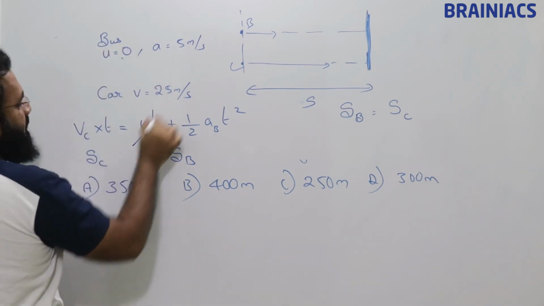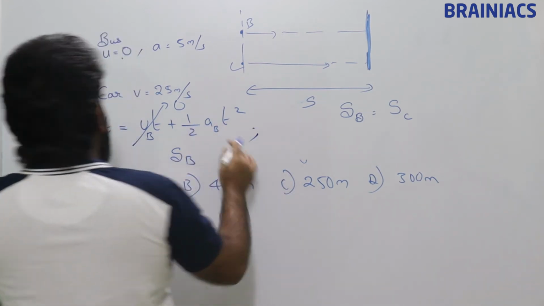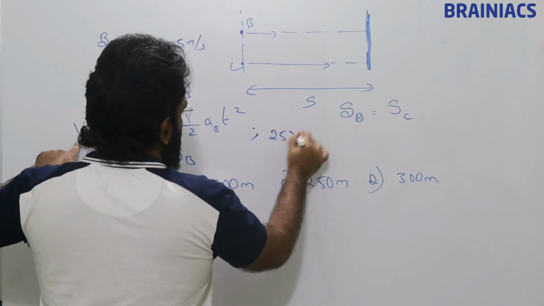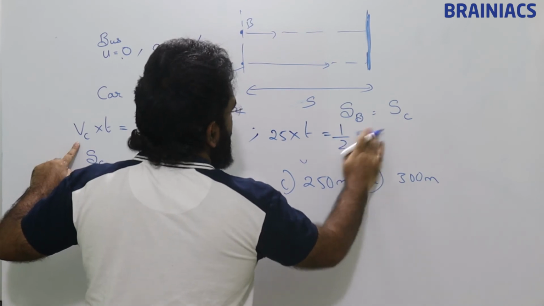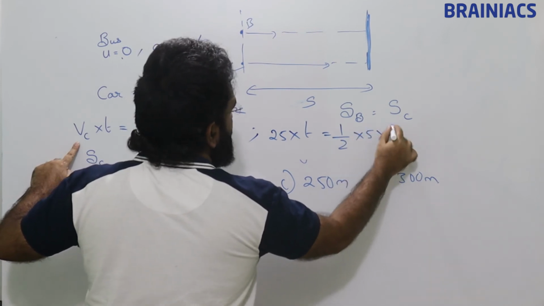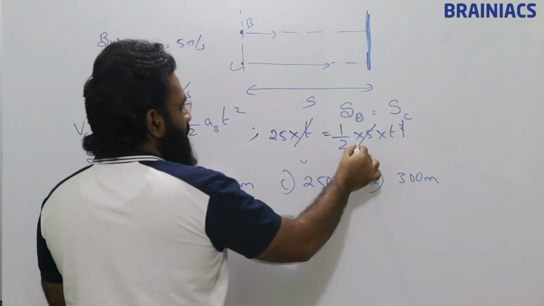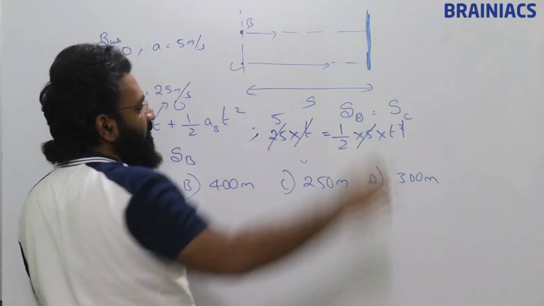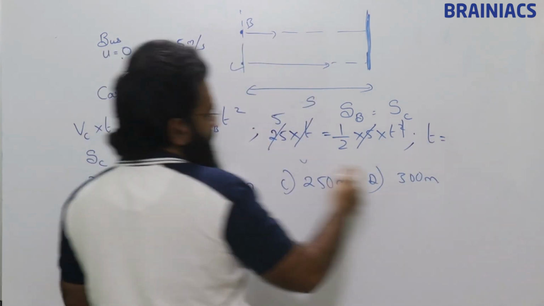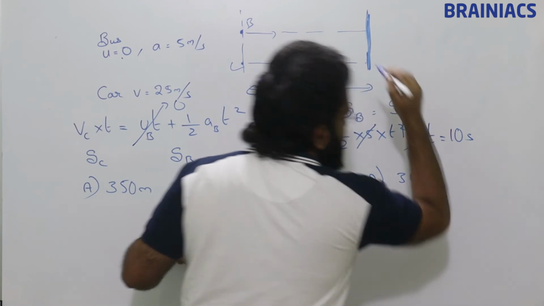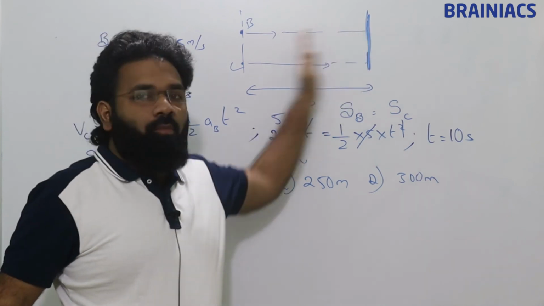Now u is equal to 0, so this term will become 0. So what we are getting? Velocity of car 25 into t is equal to half into acceleration of bus 5 into t square. So this t will be cancelled, 5 and 25 will cancel, this is going to be 5. So if t goes to this side, the time taken for overtaking is 10 seconds. The time is same for both.